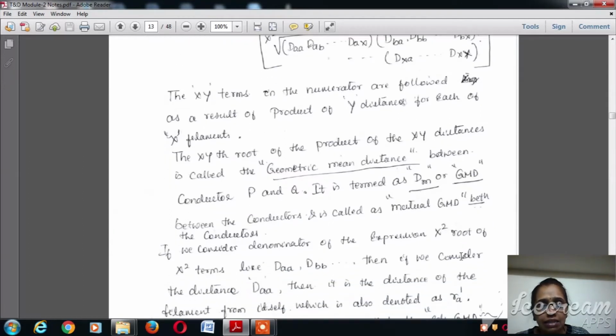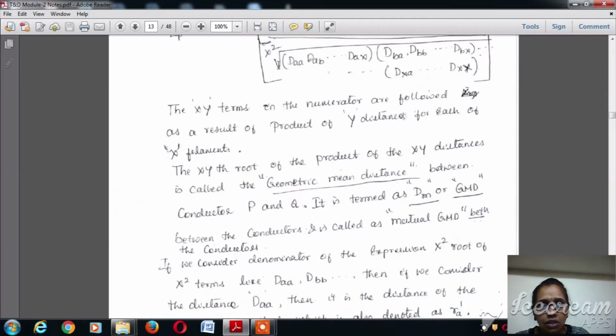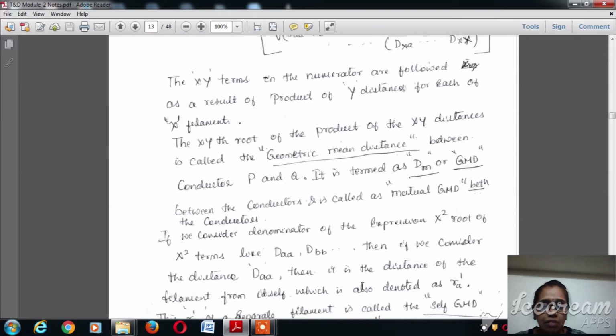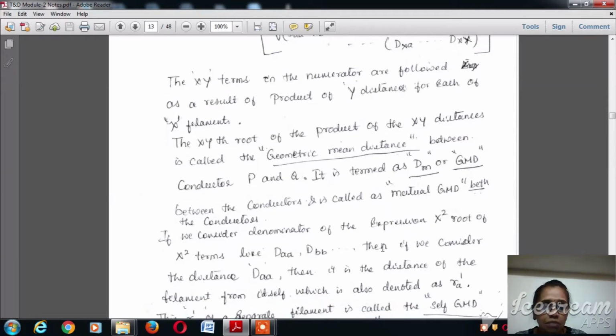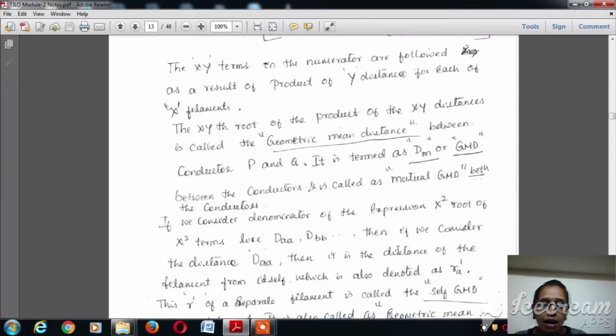If we consider the denominator, which is the x squared root of DAA, DAB, DBB, all those terms, then if we consider the distance DAA, it is the distance of the filament from itself, between A and A, which is also denoted as RA dash.